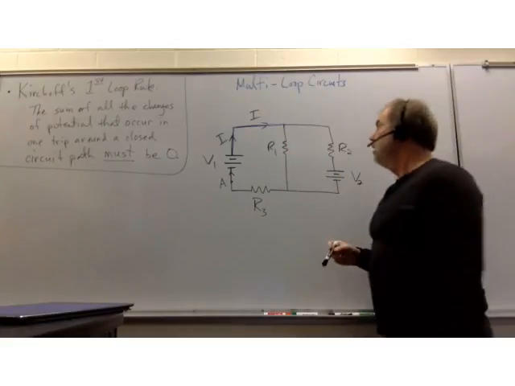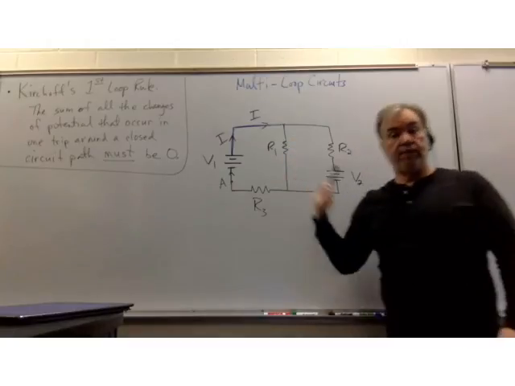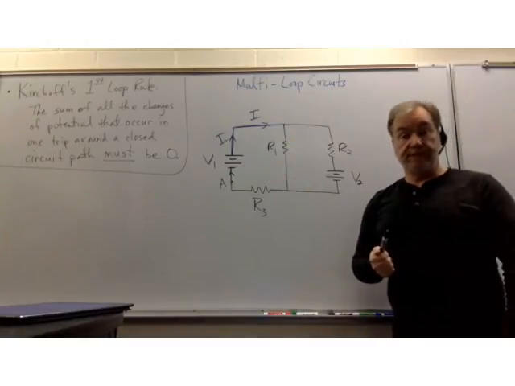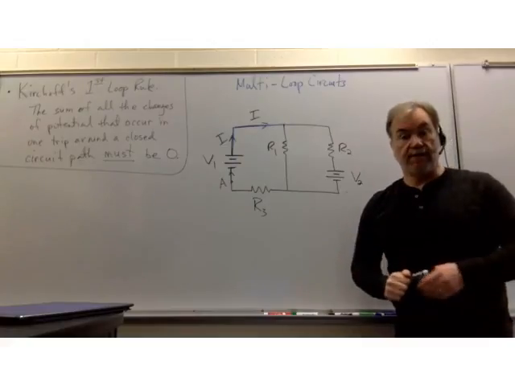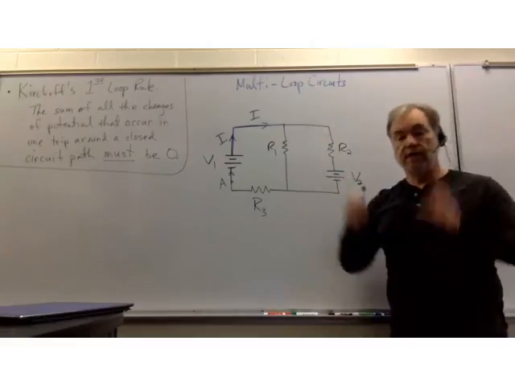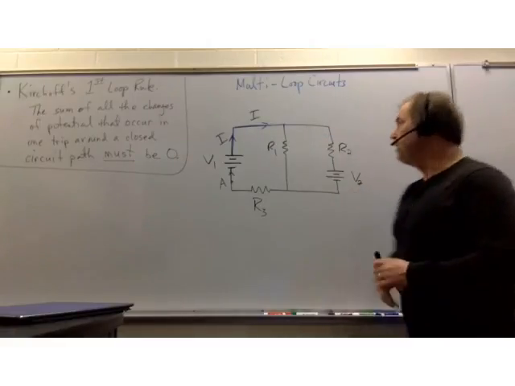Okay. How much goes in one path versus how much goes in the other path depends entirely on the resistance to flow that the charges that make up the current see for each path.